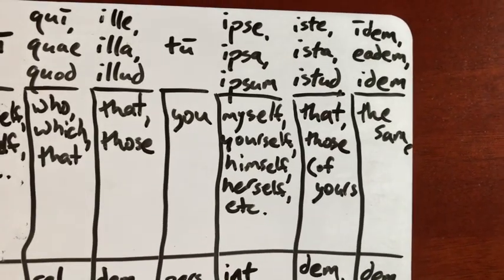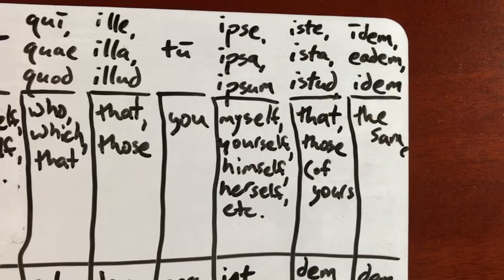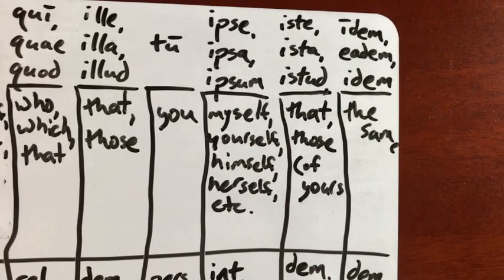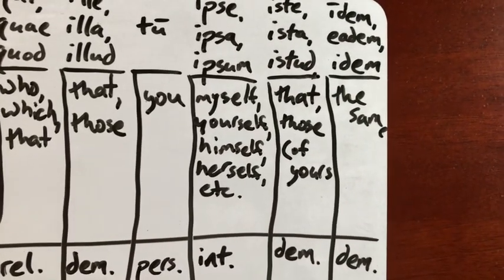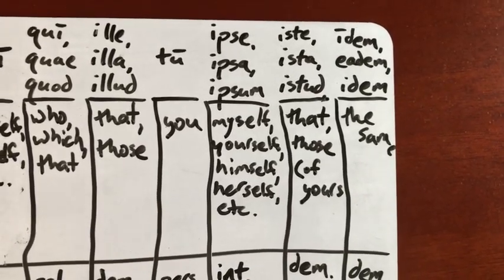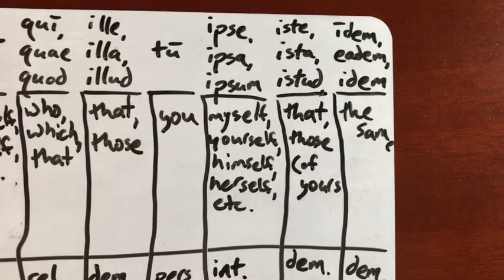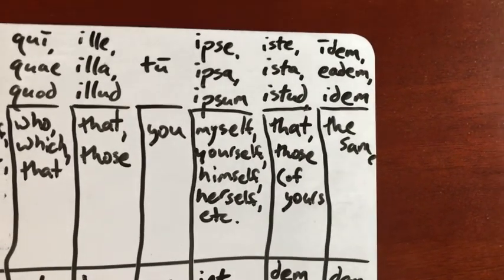All right. Iste, our next one here, that of yours or those of yours. This one is a demonstrative, okay? And this is the one that sometimes can have a kind of a negative connotation, like that opinion of yours is stupid or something like that. All right.